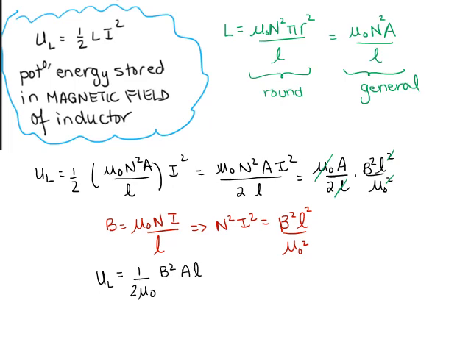Okay, this is kind of interesting. A times L is the volume where the magnetic field exists. So the potential energy stored in the inductor depends on the size of the inductor and the magnetic field.